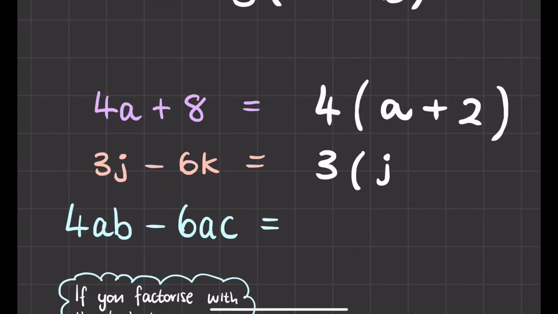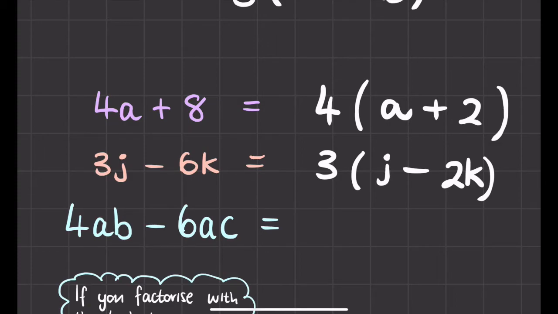I'd have minus 2 in each group. Okay, I know these questions are getting a little bit more confusing as we go, but we just need to practice these. Okay, so we're looking for common factors, and then we're saying, well, how would we make that? Okay, so 3 times minus 2k, it should be, will make 6k. We'll make that minus 6k.